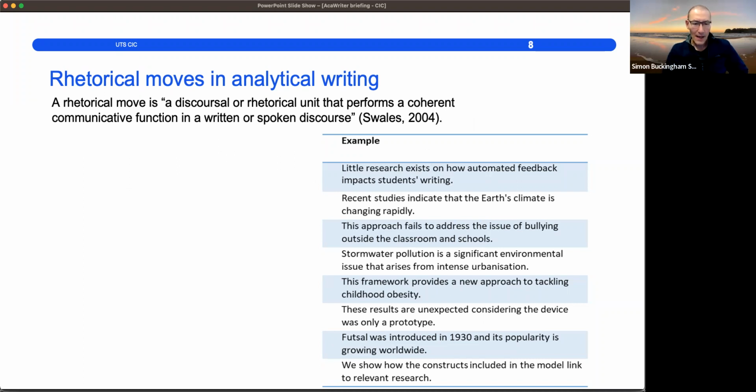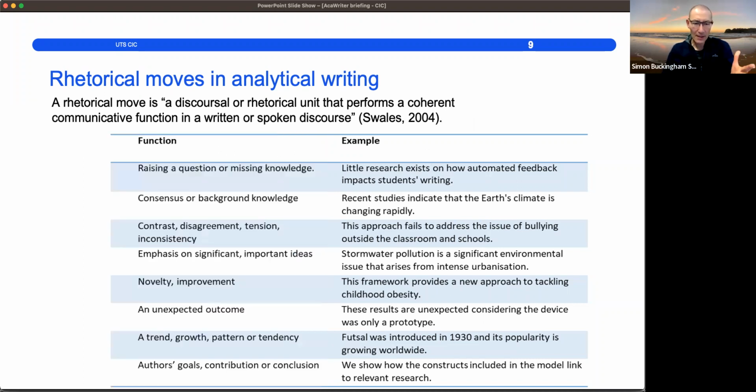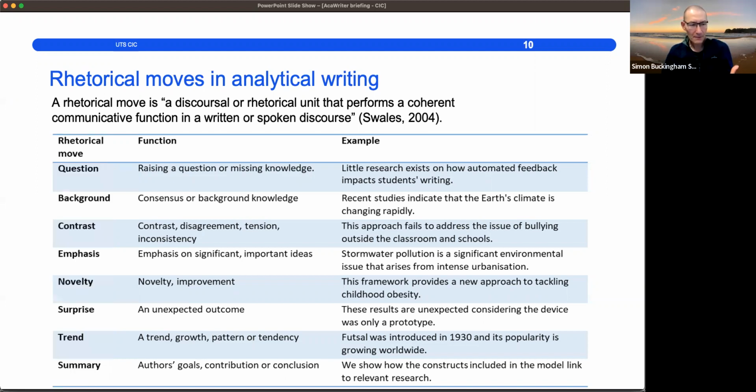And people like Swales who have analyzed this have analyzed the function that these kinds of sentences perform. And it turns out that there is a small and fairly stable set of functions that appear over and over again in academic writing. And if students can understand these functions, then they've got a real language for understanding what we mean by good writing.